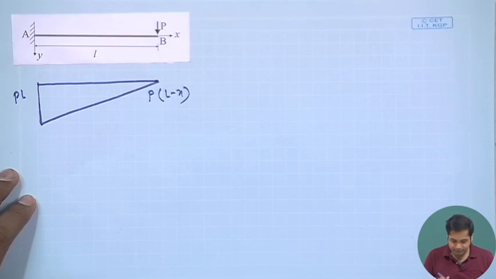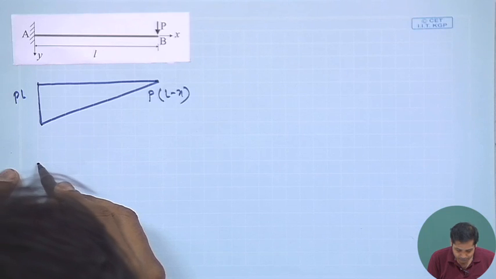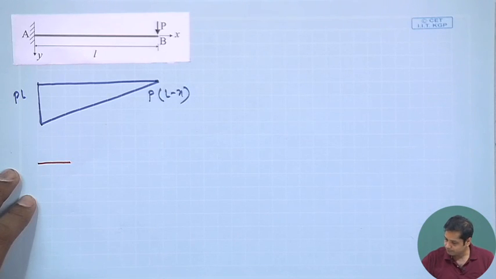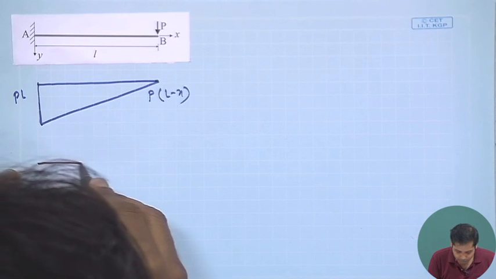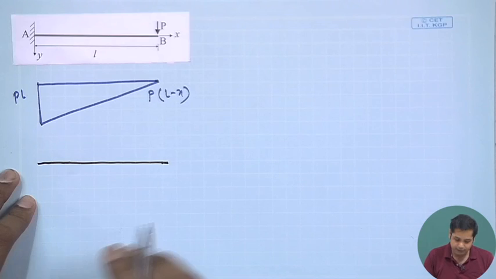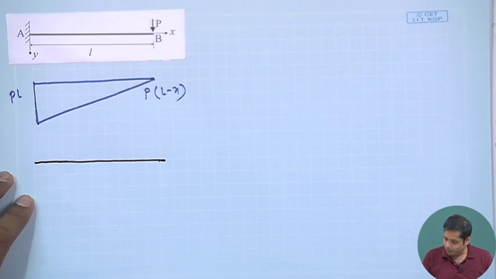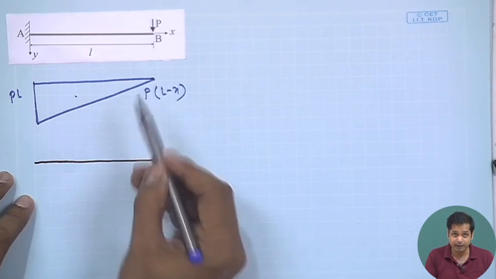So, now let us draw the conjugate beam. The length of the conjugate beam remains the same. This is the length of the conjugate beam, and the loading on the conjugate beam is this diagram divided by EI.